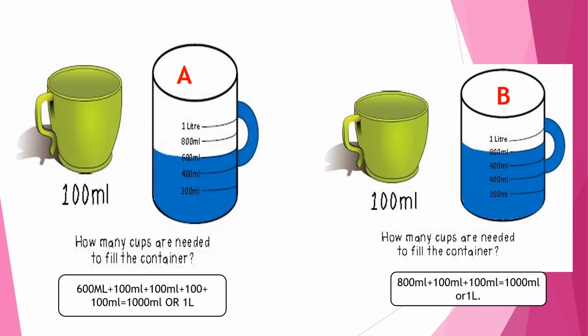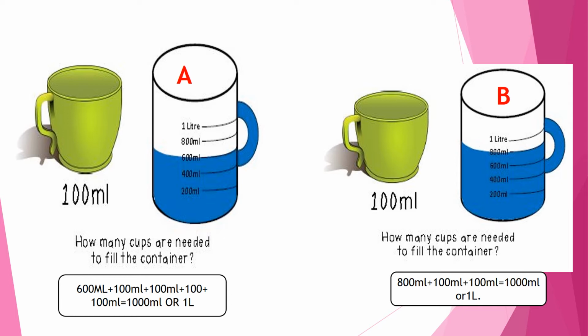Okay, take a look at the picture A. We have a green cup which holds 100 milliliters of liquid, and we also have a container which has a liquid inside of 600 milliliters. Now, they ask the question below and they say, how many cups are needed to fill the container?